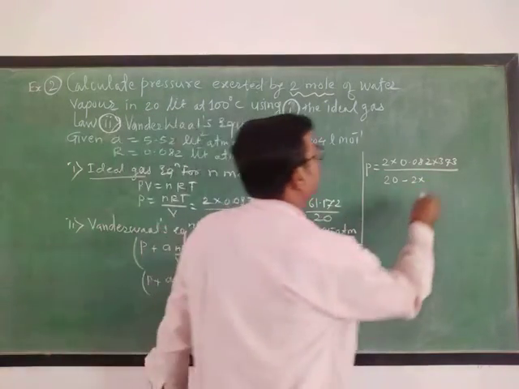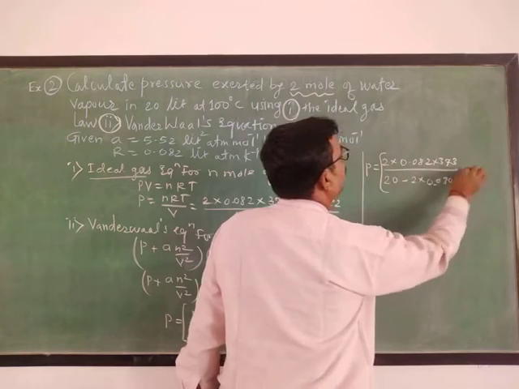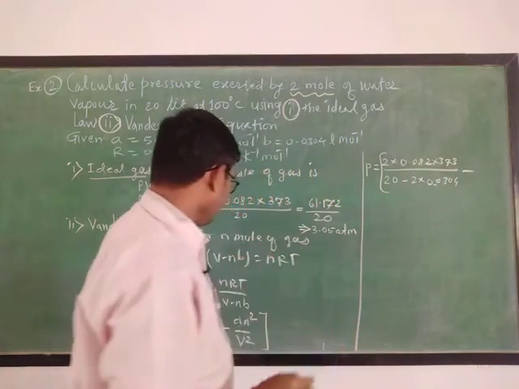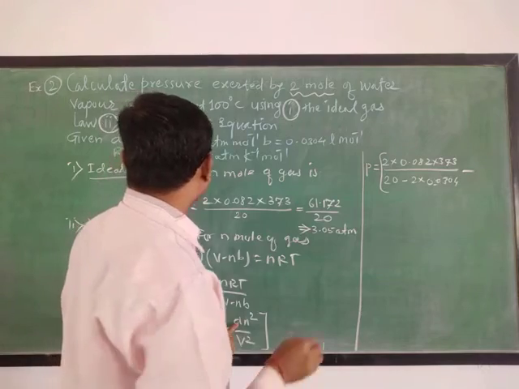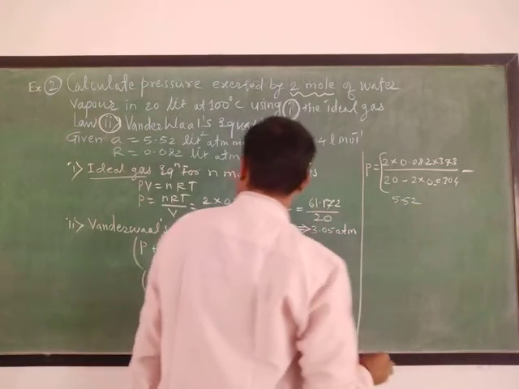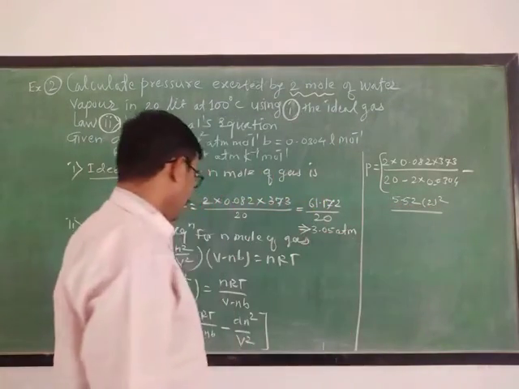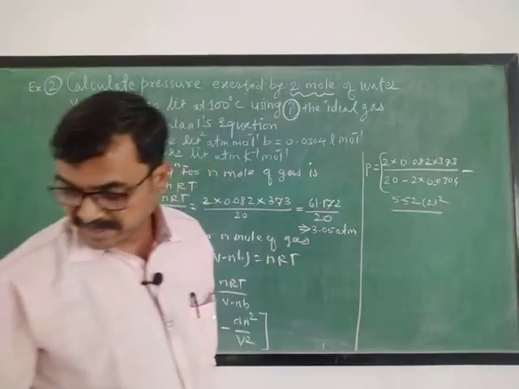B is given as 0.034, minus A. A is given as 5.52, into n square, meaning 2 square, upon V square, meaning 20 square.